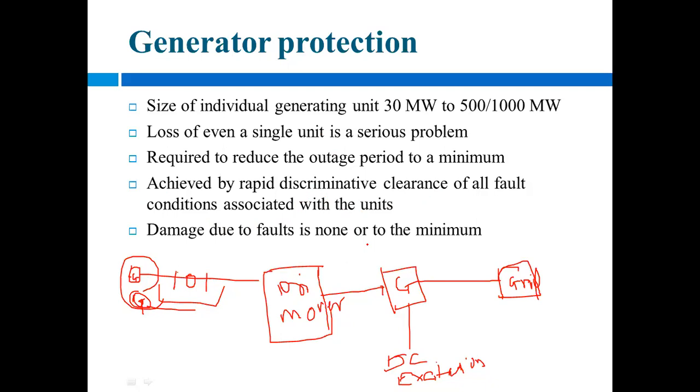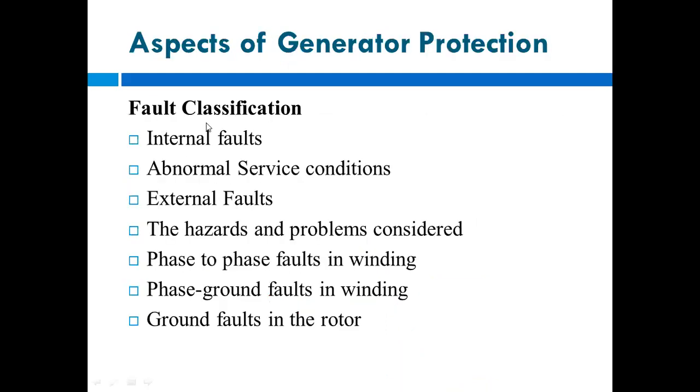So there are different faults which occur in this generator, and here we are using a differential protection scheme. There are different aspects of generator protection. First is fault classification. There are a number of faults occurring in a generator. These are the internal faults.